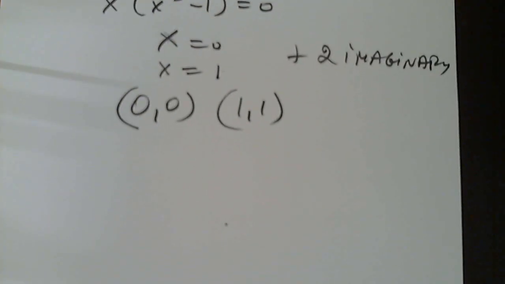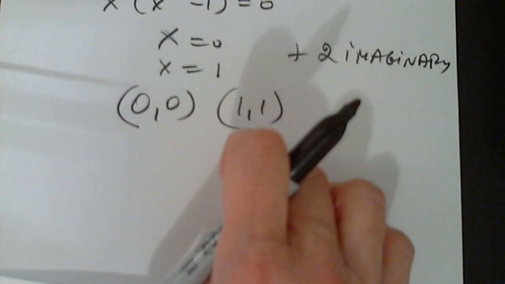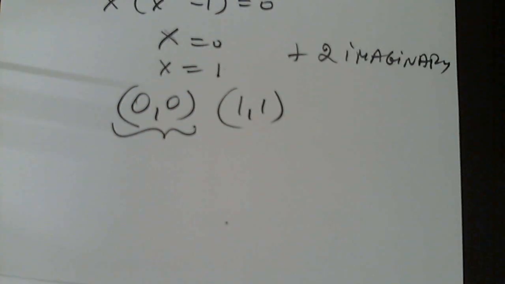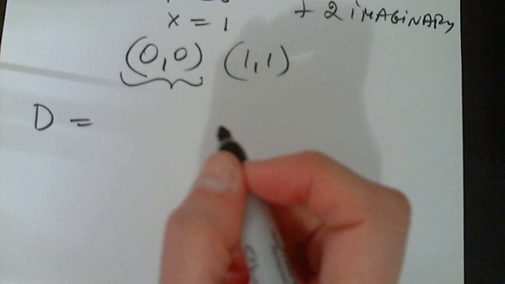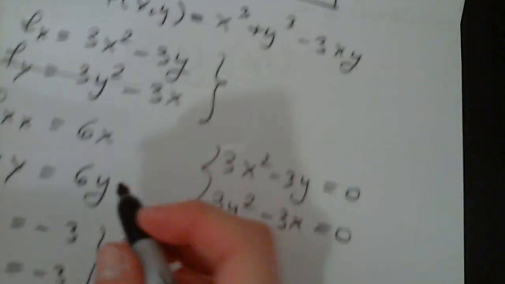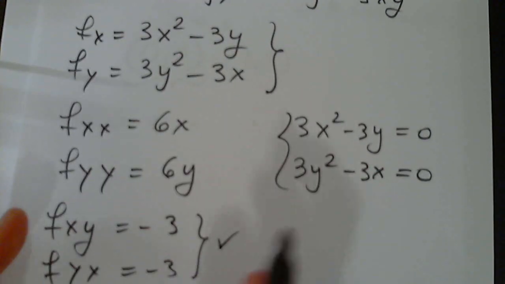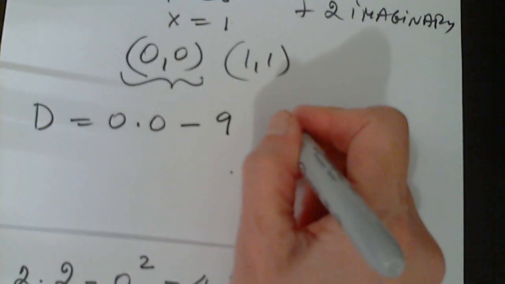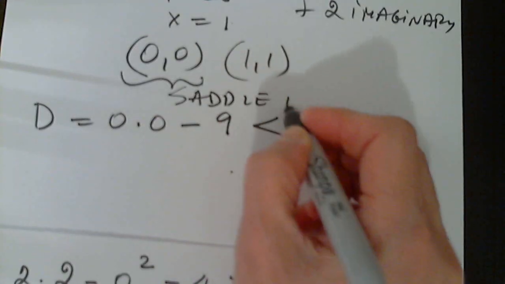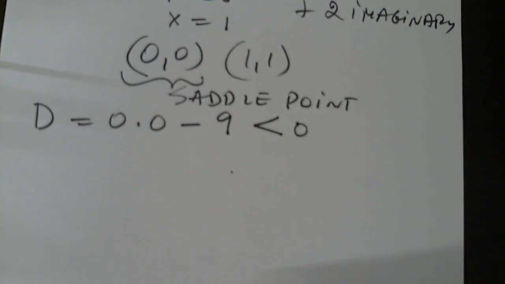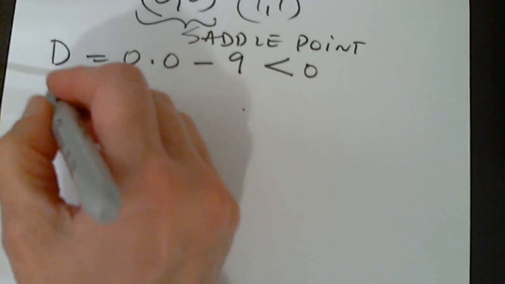So I will have to determine the d test for both points. I'm going to start with 0, 0 first. So d for 0, 0. I have fxx 0, fyy 0, minus negative 3 squared, which is 9. So this number is less than 0, which means that this is a saddle point. Now I perform the operations for 1, 1.